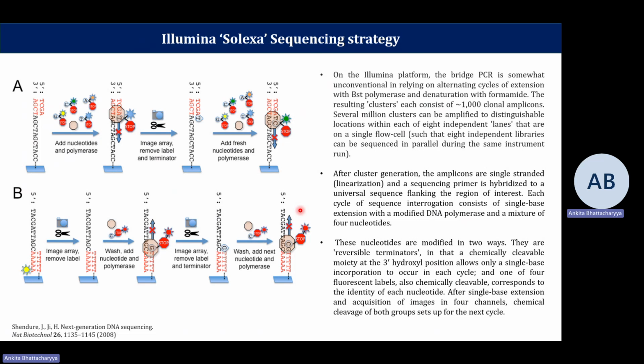Terminators, in the sense that they can terminate the sequencing strategy at some point, and reversible because there is a chemically cleavable moiety that can be cut off in presence of a certain stimulus. So the chemically cleavable moiety allows only single base incorporation to occur in each cycle, and along with it, one of the four fluorescent labels can be detected, and that corresponds to the identity of the nucleotide which has been incorporated.